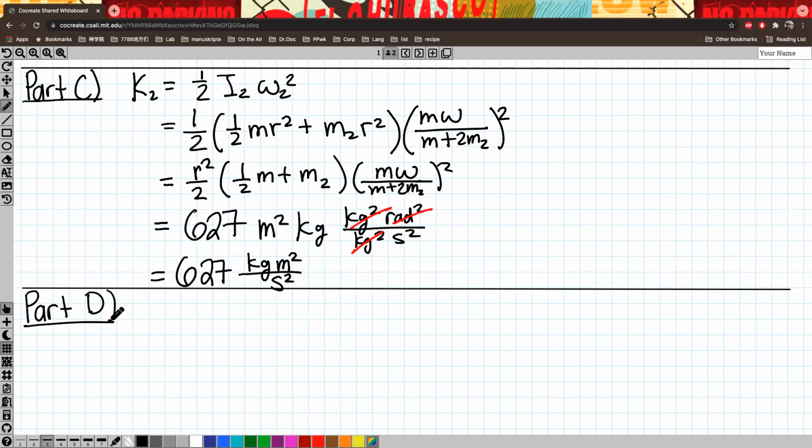All right, part D. Why are these kinetic energies not equal? So there's two options. In the changing period, friction does positive or negative work.